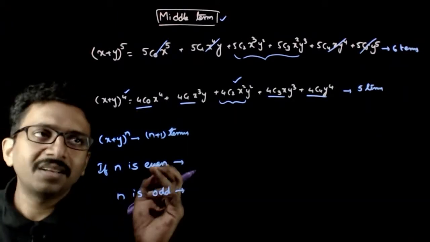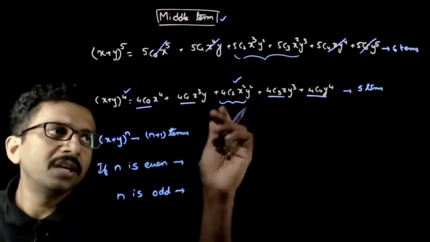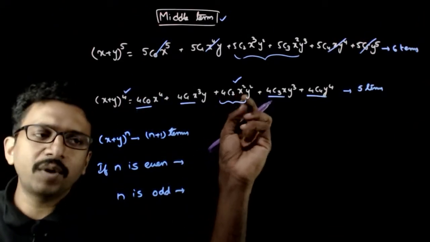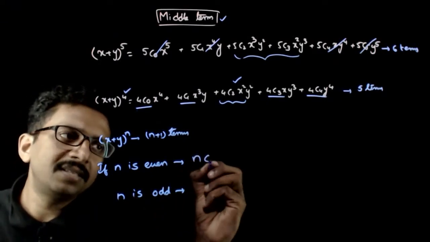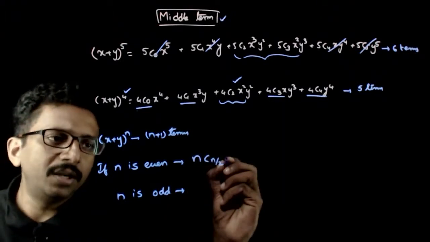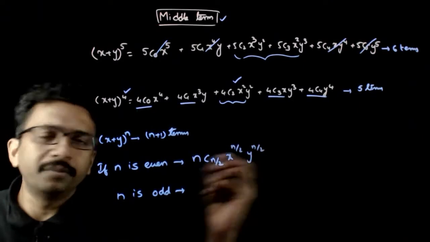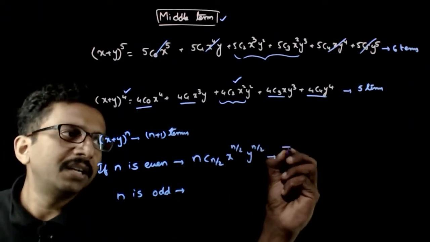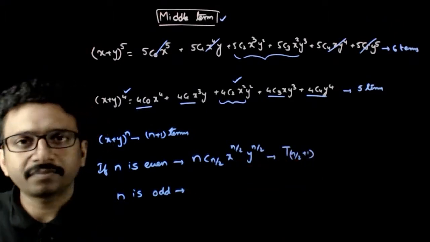And what is the middle term if n is even? If n is 4, you have 4C2 x² y². So if n is even, the middle term is nC(n/2) x^(n/2) y^(n/2). This is nothing but the (n/2 + 1)th term.